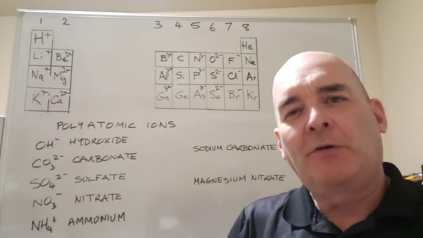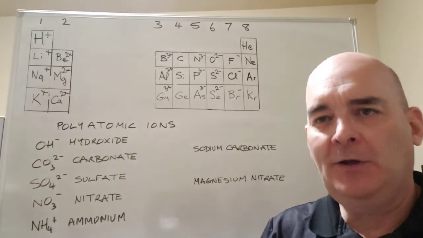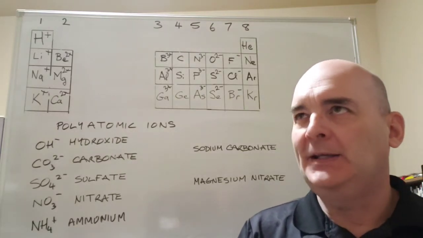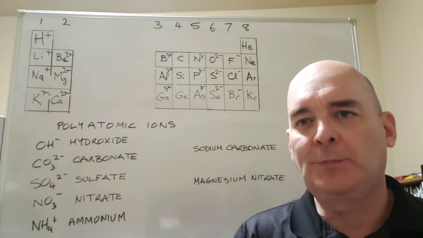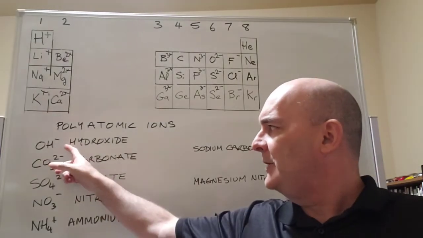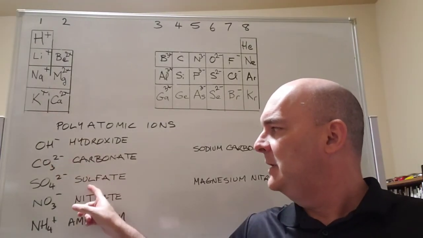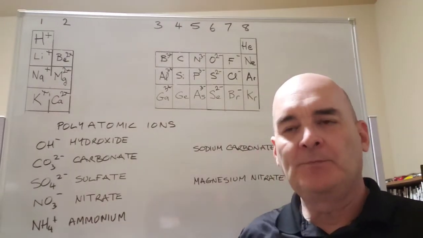It turns out that there are 2 complicating factors for naming ionic compounds. One is the existence of things called polyatomic ions. Things like hydroxide, carbonate, sulfate, nitrate, and ammonium.